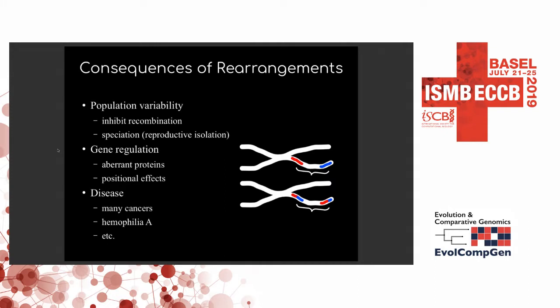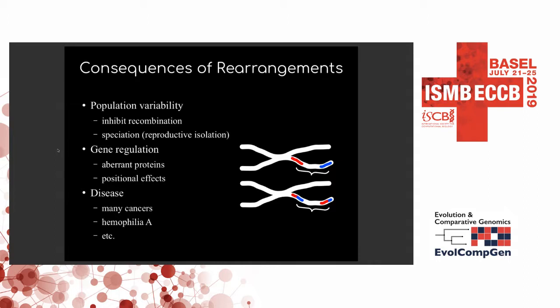These are important for many reasons. One reason is population variability. Once one of these events has happened, this will suppress recombination, for example. And what we'll end up with is many members of the population with very similar spans of chromosome. In the extreme, this can lead to speciation.